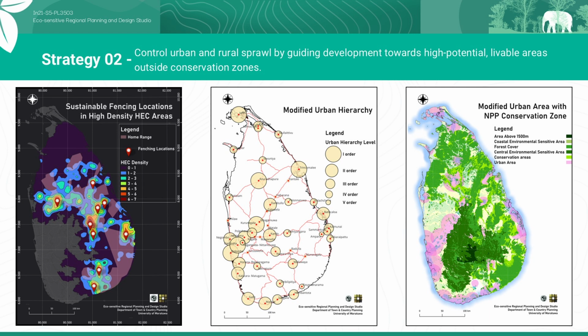So we are recommending a proposal for the National Physical Plan for a new urban hierarchy level. And the right side map shows our overall recommendation of the conservation zone and how the urban areas should be.